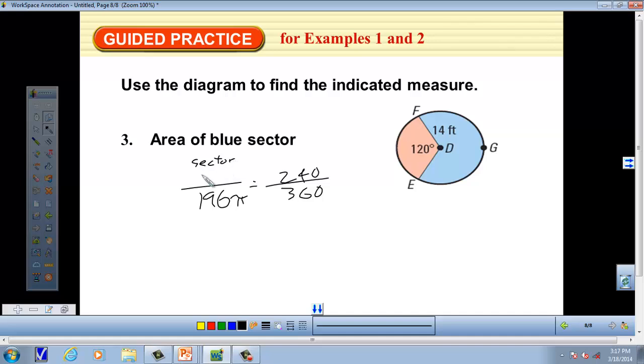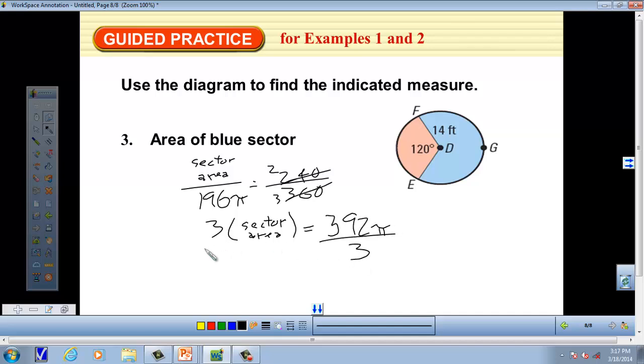So if you want to do it that way, you can, and it actually wouldn't take that long now that we're here. So that would be 2/3. So then you would say 3 times the sector area equals 2 times 196. So 2 times 196 is 392 pi.